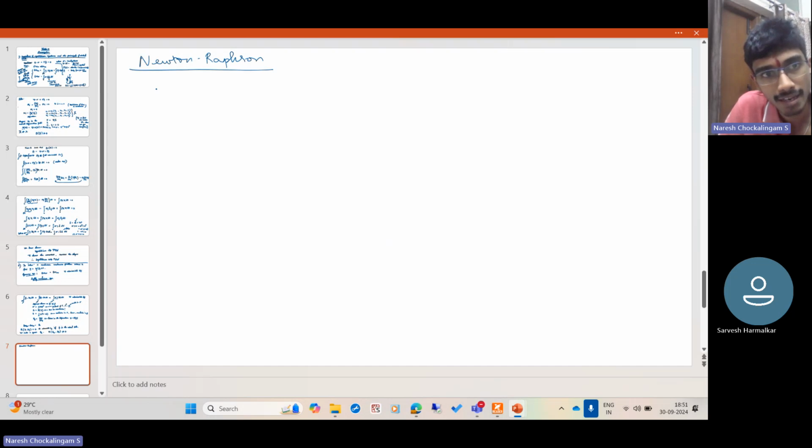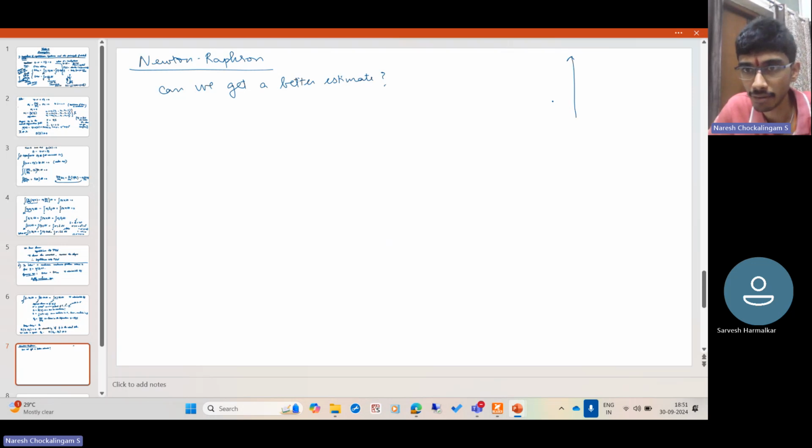What does it say? Can we get a better estimate? The answer is yes. In the 1D case, we know that if we have a nonlinear function like this, suppose this function is some f of x, this is the point where f of x is actually 0.